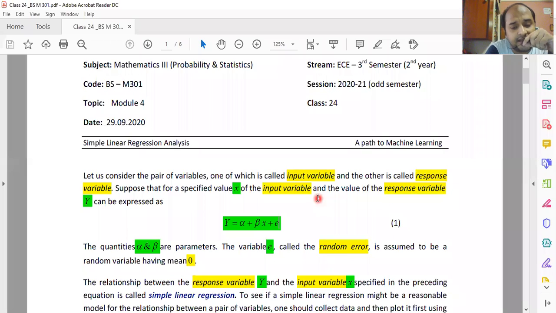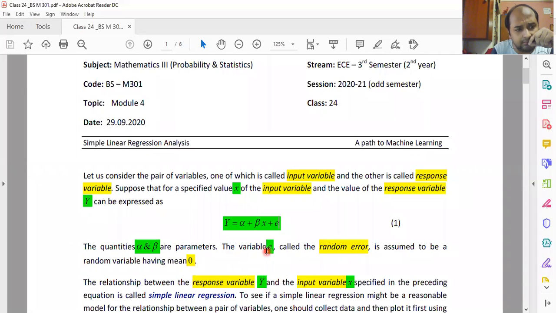And if we consider the mean on the left hand side and the mean on the right hand side, the mean of e, the mean of this error term, will be assumed to be 0. Now, what is this error term? You will not understand until I finish today's topic. Until I go to the end of today's topic, you will not understand the meaning of this e.